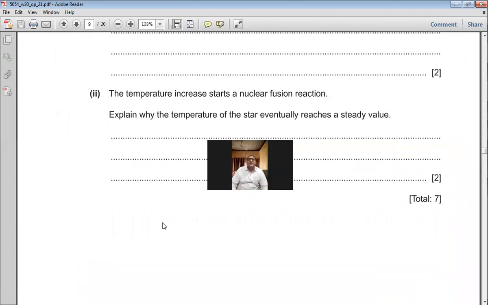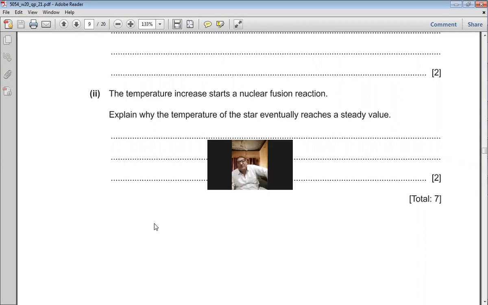He says a very straightforward question, easy to answer. The temperature increases until a nuclear fusion reaction starts. Explain why the temperature of the star eventually reaches a steady value. When the temperature of a body becomes constant, although it's like a furnace producing heat and heat and heat, its temperature is constant. Why? Because the rate of loss of heat and the rate of production of heat have become equal to each other.